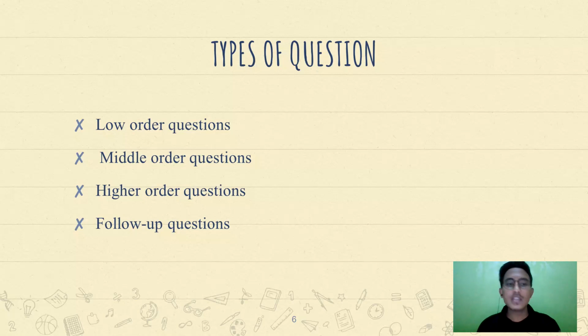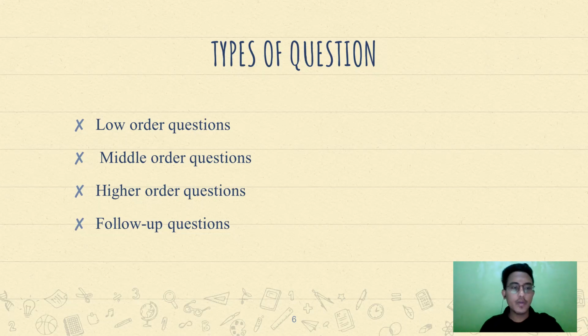Broadly, there are 4 types of questions. These are low order questions, middle order questions, higher order questions, and follow-up questions. Let us briefly examine each one of the types.